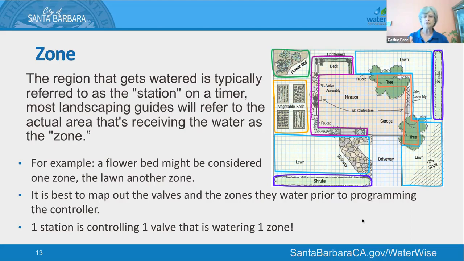Put the number so that when you're scheduling your irrigation controller, you can look and say, oh, zone number 1, I want to schedule station number 1, and I can give it the runtime. So basically, station number 1 is controlling a specific valve that's watering a specific zone. Talking in circles, but I'm hoping that's making sense to you. Okay, next slide.